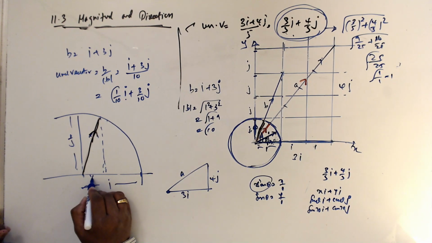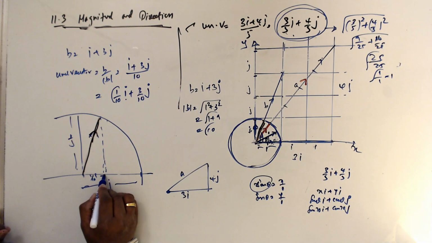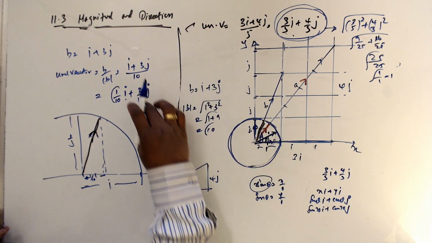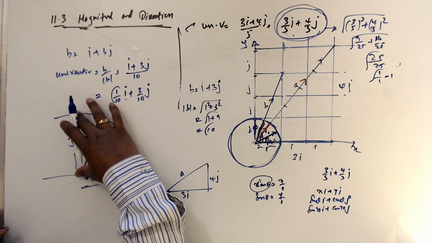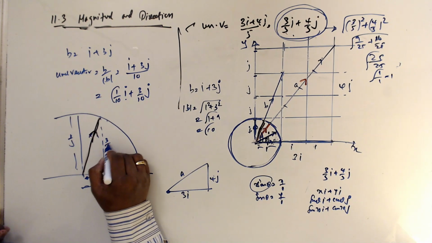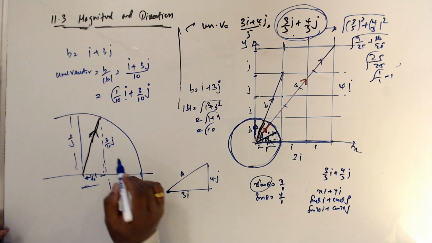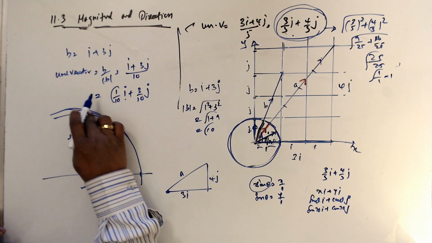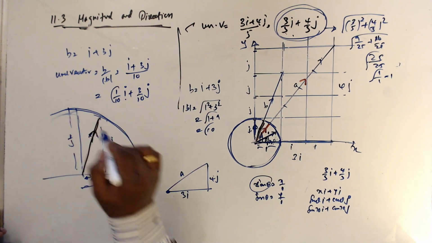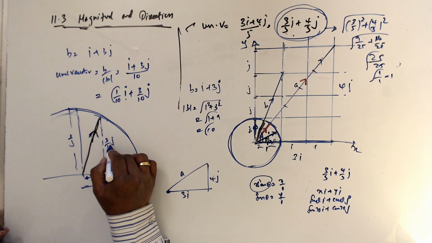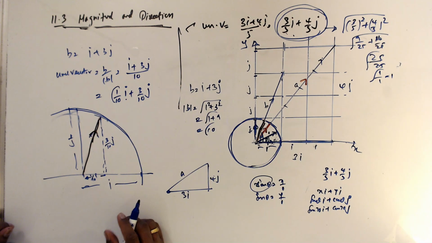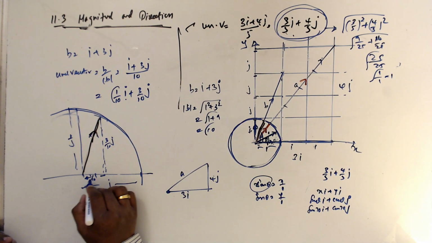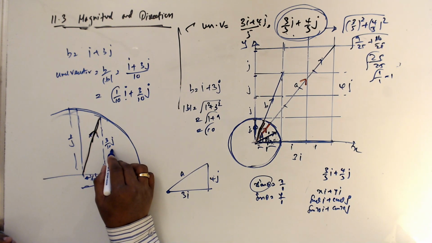This is 1 over square root 10 of i, this bit. And this height is j, you want to get 3 over square root 10 of j, not all of it. So this is 1/√10 of i, this is 3/√10 of j.